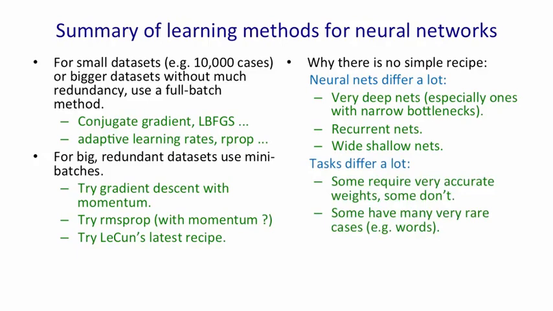The other consideration is that tasks differ a lot. Some tasks require very accurate weights. Some tasks don't require weights to be very accurate at all. Also, some tasks have weird properties. Like if your inputs are words, rare words may only occur in one case in 100,000.